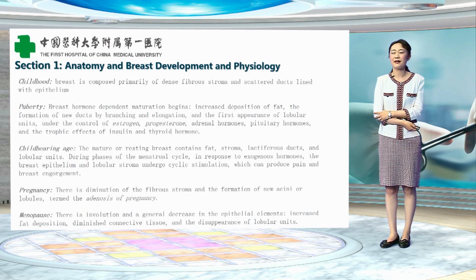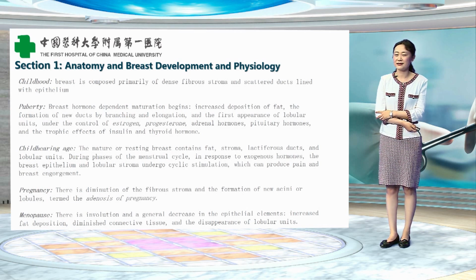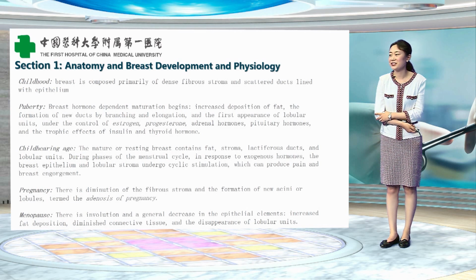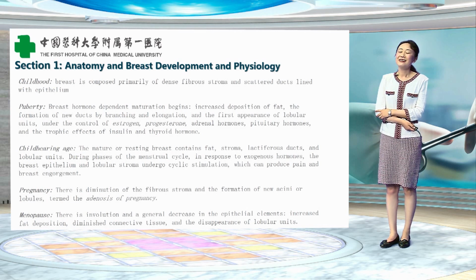During pregnancy, there is a diminution of the fibrostroma and the formation of new acini or lobules, which is termed the adenosis of pregnancy. After birth, sudden loss of placental hormones combined with continued high levels of prolactin triggers lactation, and it's a magical process, I think.